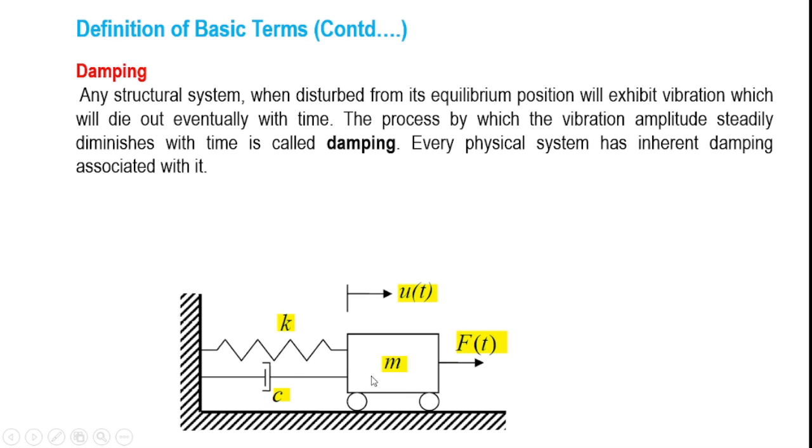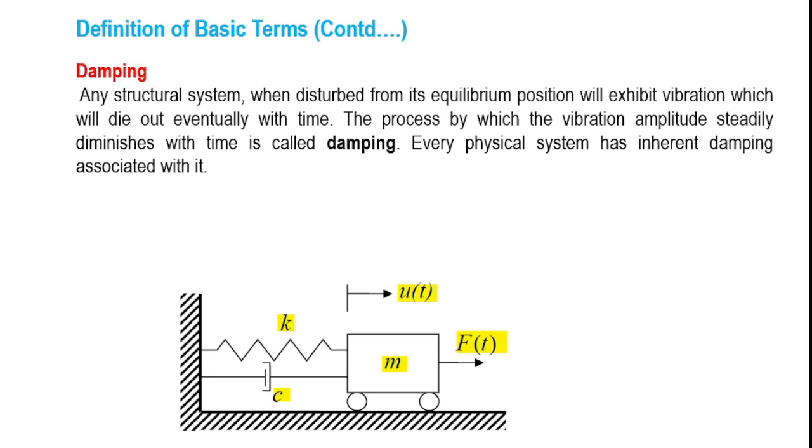Obviously, we know that as the time progresses, the amplitude of this vibration starts diminishing, and at a certain time, t equal to infinity, what happens? The vibration almost dies out. That is, u will be 0. Which means that there is some property inherent to the physical system which decays this vibration.